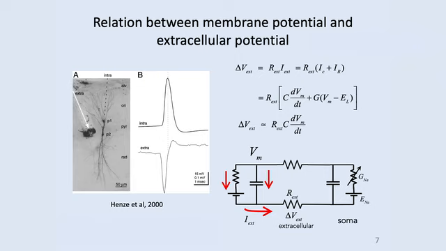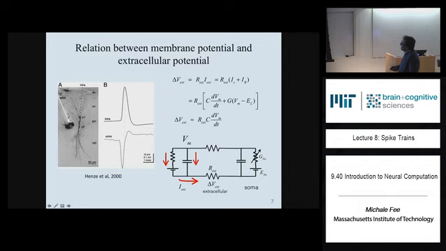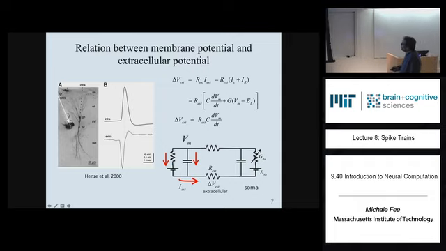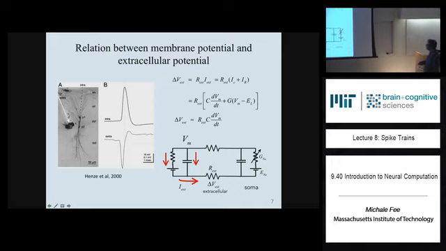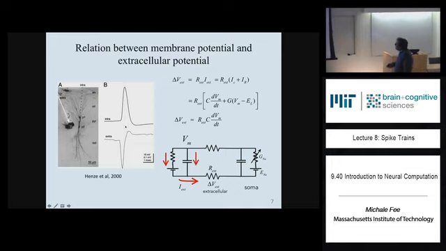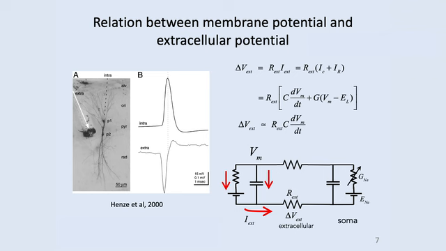They were able to record simultaneously from a cell intracellularly, shown in this trace here, and the extracellular voltage recorded from a microwire electrode placed near the soma. The extracellular recording is shown here, and you can see that the extracellular signal is quite close to the derivative of the intracellular signal.